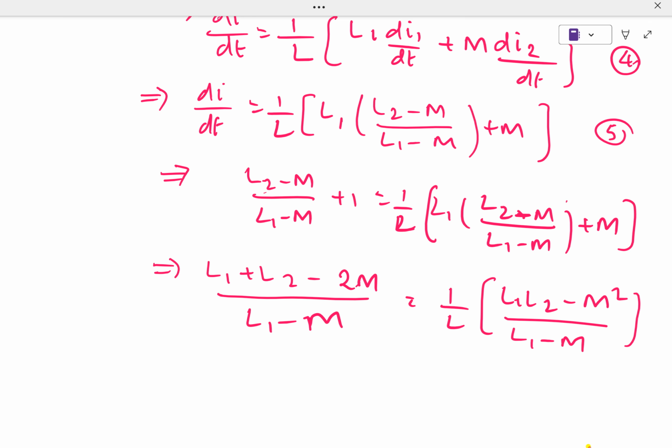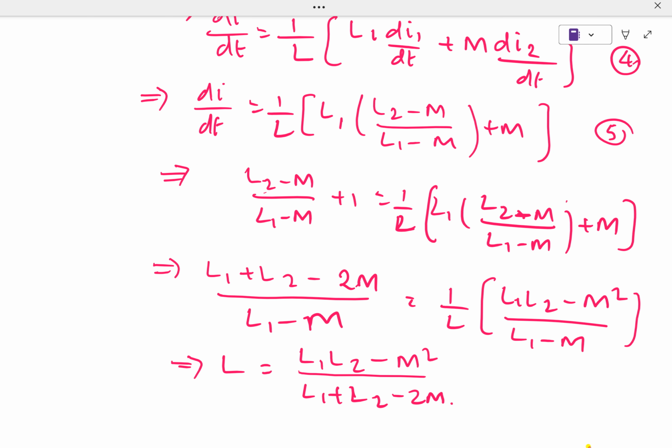This is a general expression. From this, we can get the value of L. Therefore, L equals (L1 L2 minus M square) over (L1 plus L2 minus 2M).